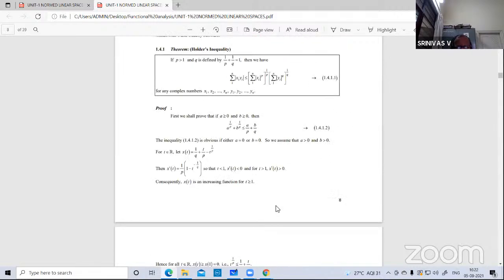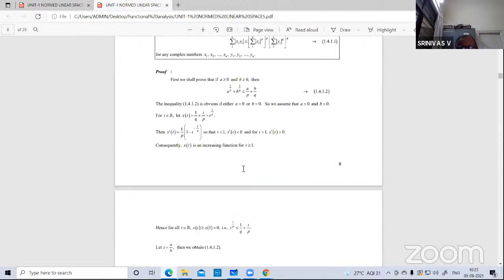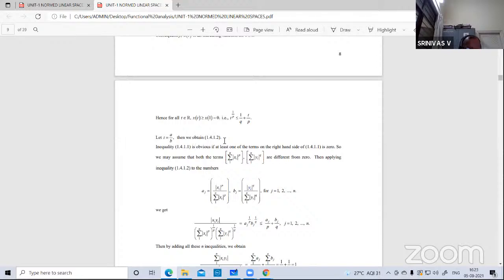To obtain the Holder's inequality, we consider this function and find its derivative. Then we go for the minimum and obtain x of t is greater than x of 1. We obtain this inequality, and in it we take a suitable choice of a and b for t, that is t equal to a by b.